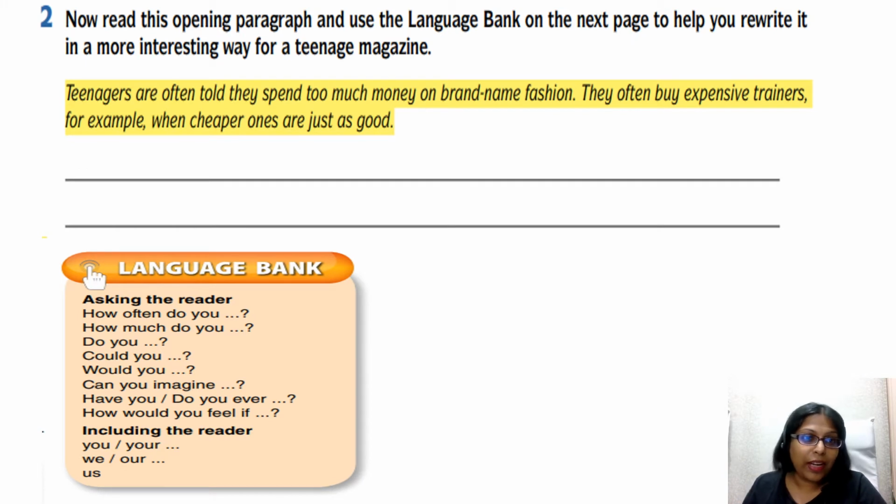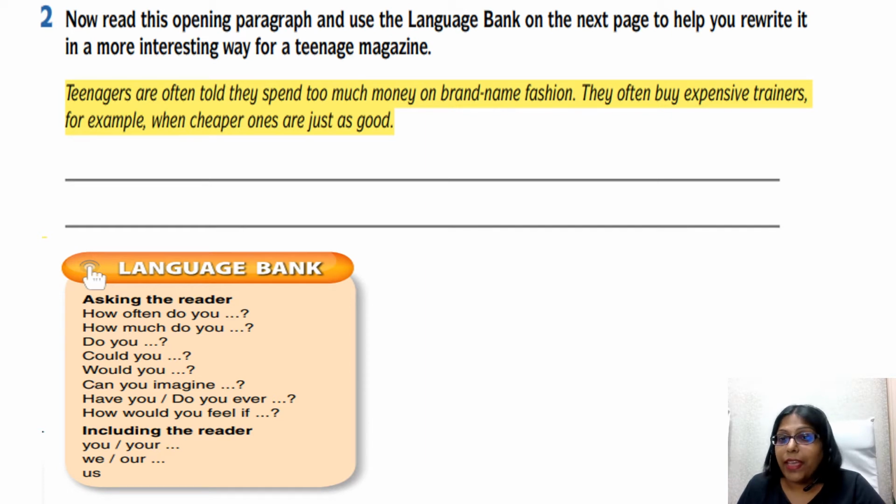Okay, so let's look at another example. Now read this opening paragraph and use the language bank on the next page to help you rewrite it in a more interesting way for a teenage magazine. Teenage means it's for young people, so it has to be attractive. Teenagers are often told they spend too much money on brand name fashion.